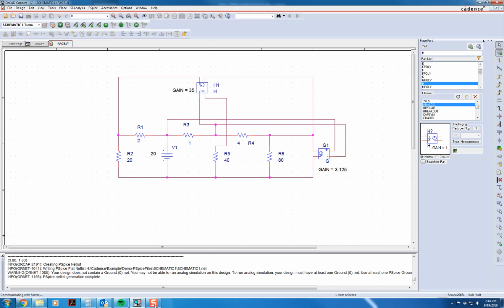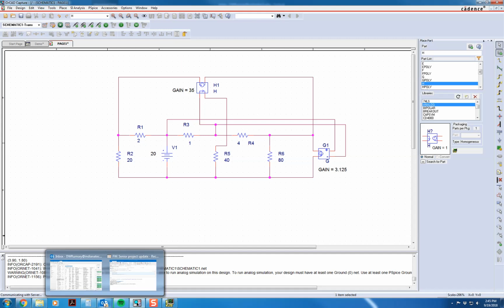Okay, we are back again, and you can see that my simulation has completed 100%. And now I am going to turn on my voltages, and you can see that we get the different voltages at the different nodes. Now this is where it can be somewhat challenging to read these diagrams. Is this 20 volts here? Which one is that? Well, I'm going to move it. Okay, that's pointing to this.